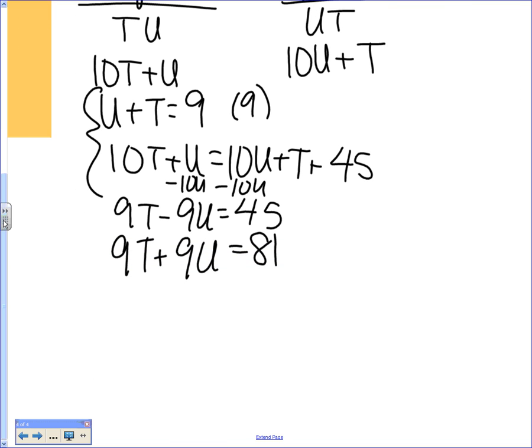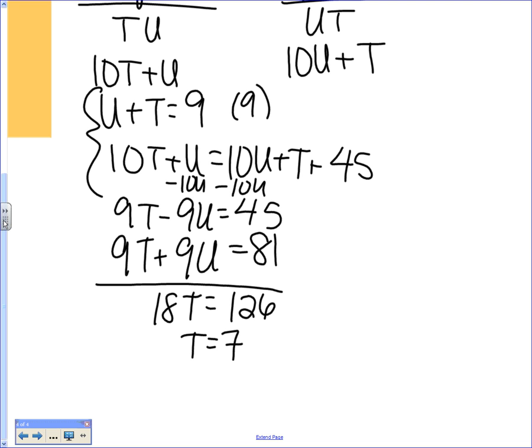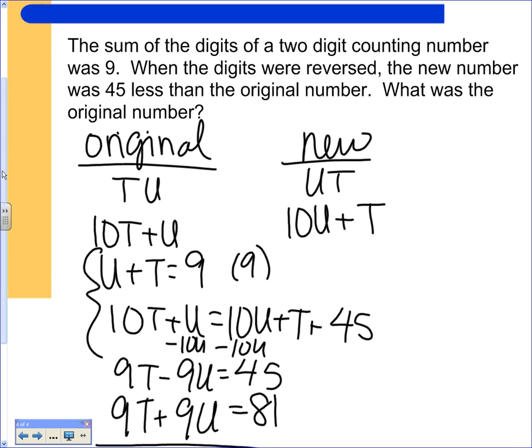Did you get t equals 7? What does your u equal? So, what was the original number?